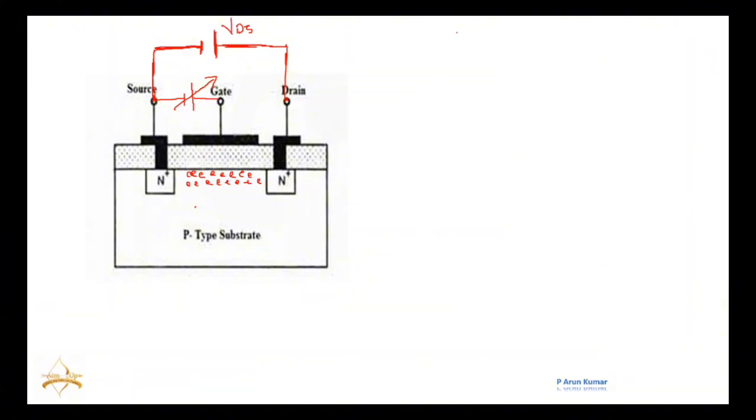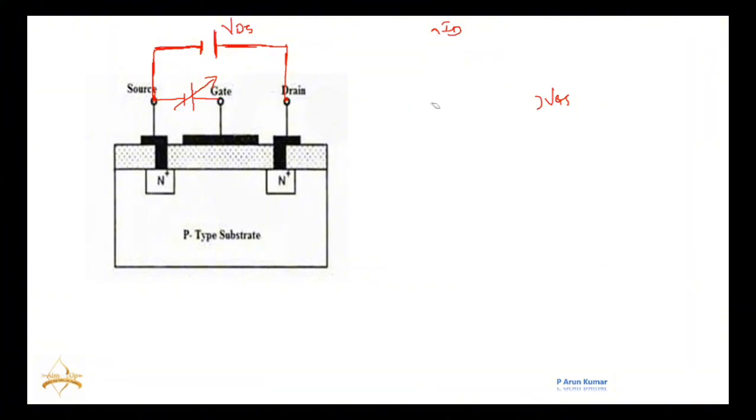Initially, there is no channel. So if you see this graph between VGS and ID, I'm keeping VDS constant and slowly varying this VGS. Initially there is no channel, so that is why the current is also zero.